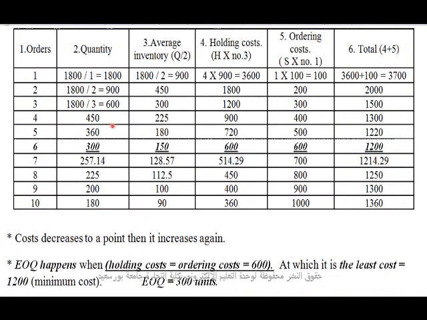If you decide to buy 360, total cost will be 1,220, which is bigger than 1,200. Another method to calculate EOQ, see the next slide.